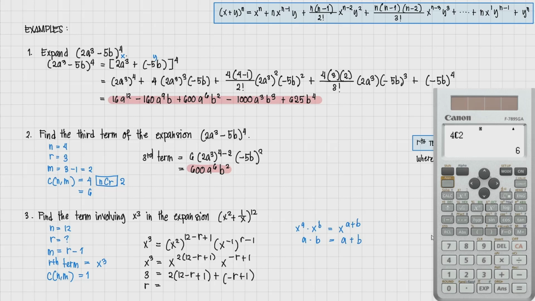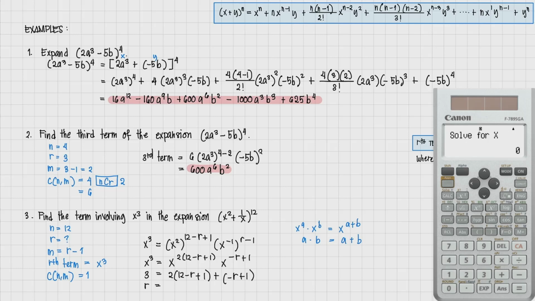So, solving for r, shift solve lang natin to. So, our calculator. Wait lang. So, we have 3 is equals to 2 times 12 minus alpha x plus 1 quantity, plus negative alpha x plus 1 quantity.